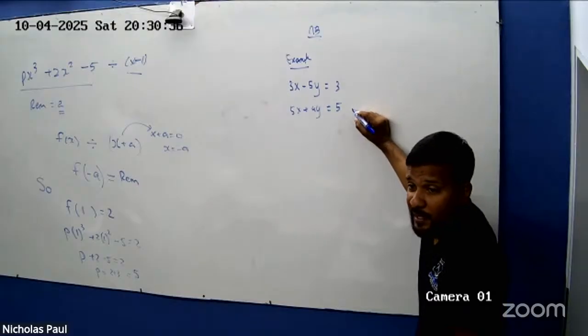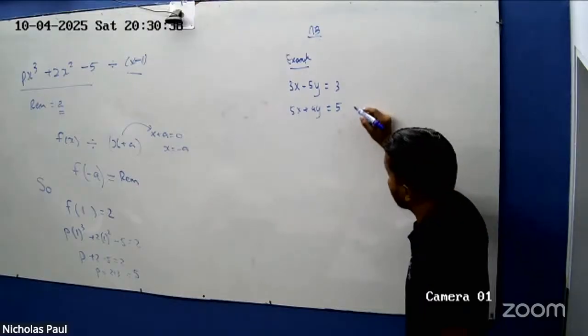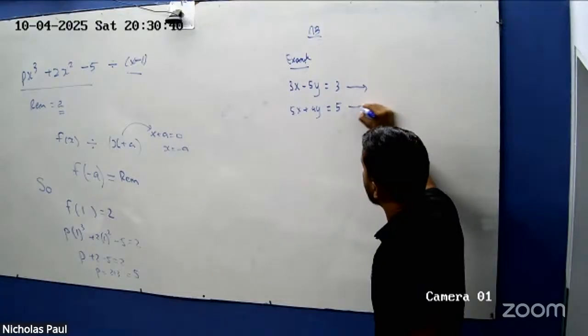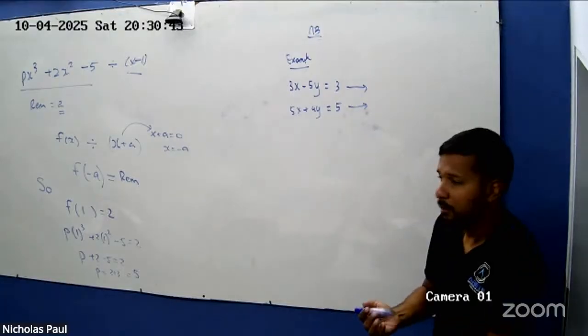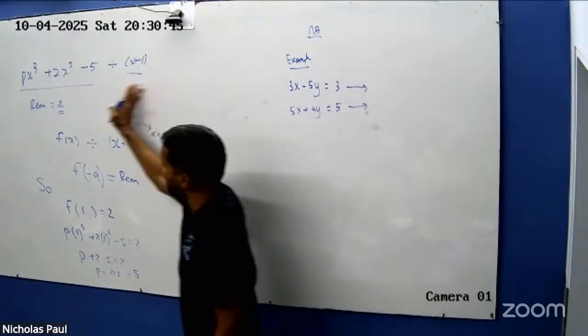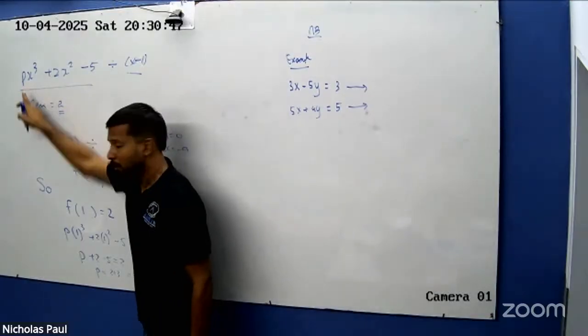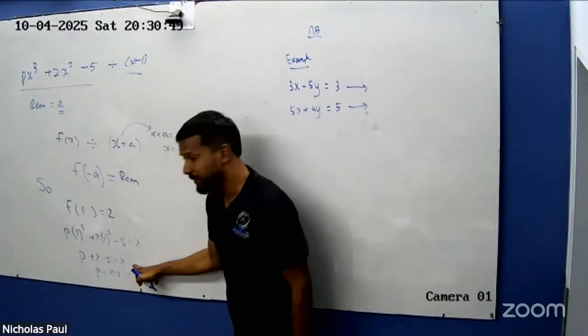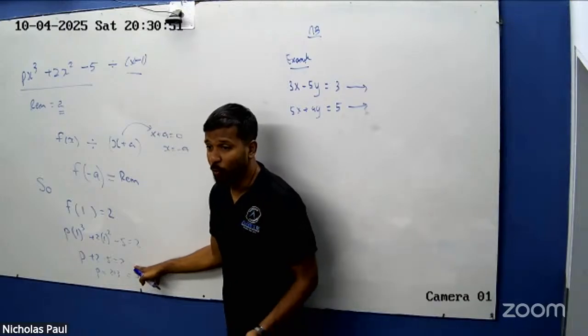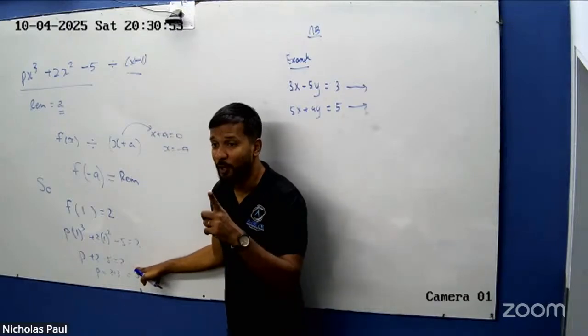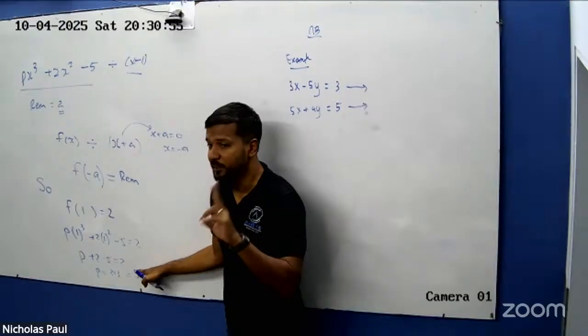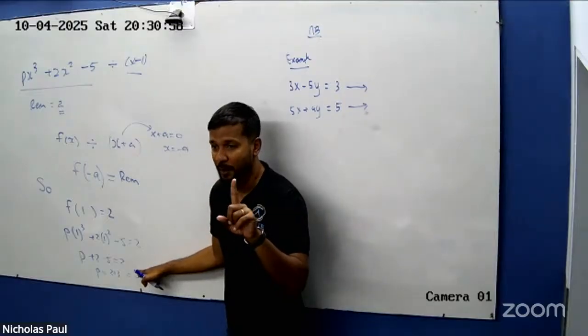Elimination method allows us to solve it easily. Remember, we can easily solve an equation with one unknown. So was it difficult to solve this? No. When you have two unknowns, the problem is we have to get rid of one of them, right?